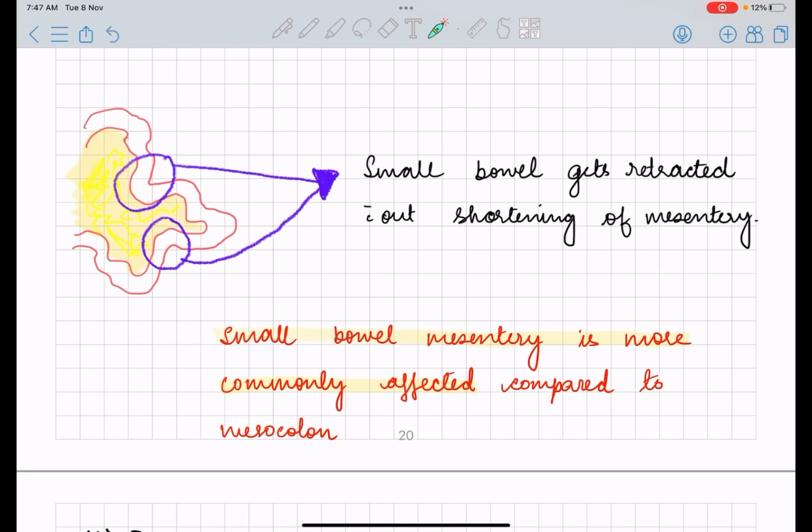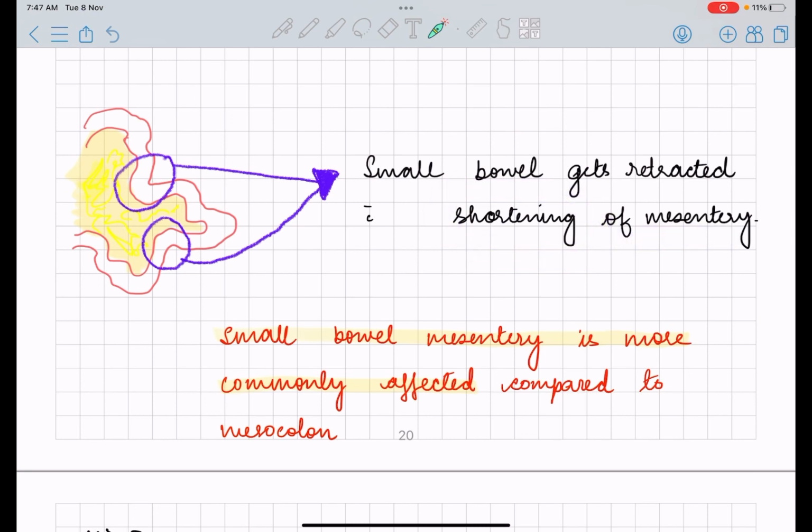That is going to cause the kinking action on the bowel. This is again the reiteration of the fact that the small bowel gets retracted with the shortening of the mesentery.